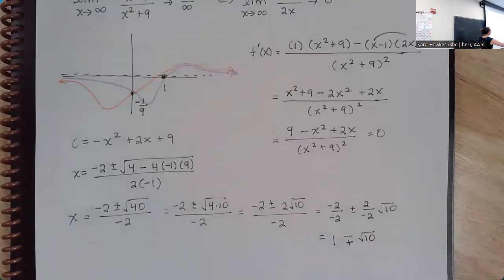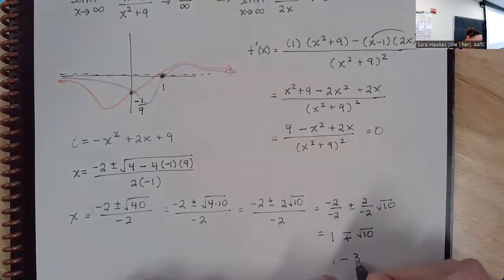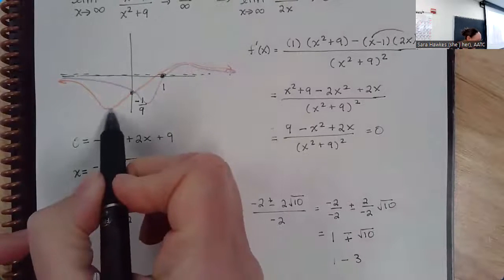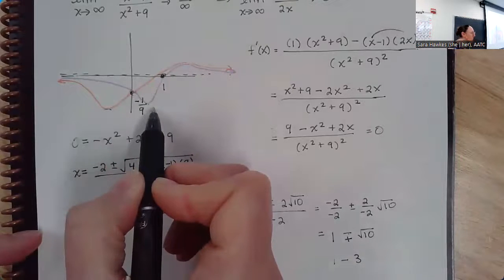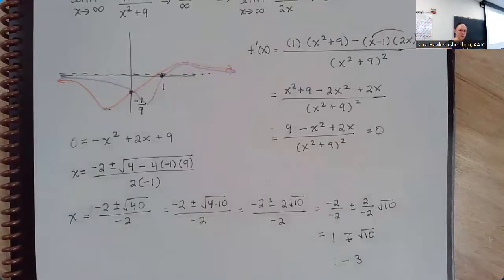We don't get a calculator on the test, but we've got skills anyway. The square root of 10 is bigger than what? It's bigger than 3. So if the square root of 10 is bigger than 3, then 1 minus 3 is definitely over here. It's not between 0 and 1. So the orange curve was right, which was my first instinct.